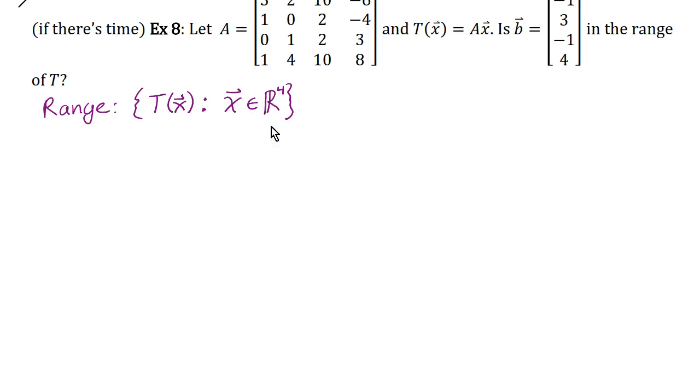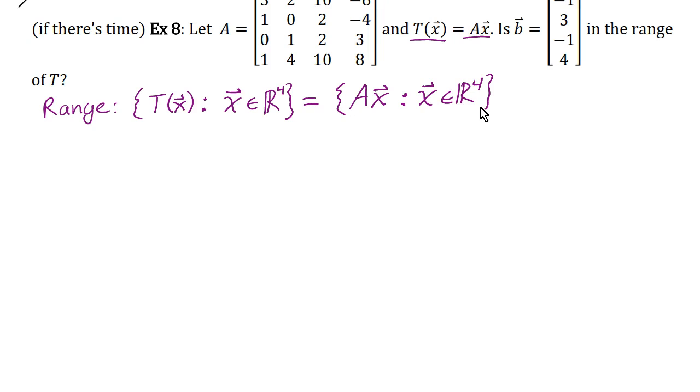So you could also write that in terms of A times x, because T of x just means A times x. So you could write this as the set of vectors of the form Ax such that x is in R4.